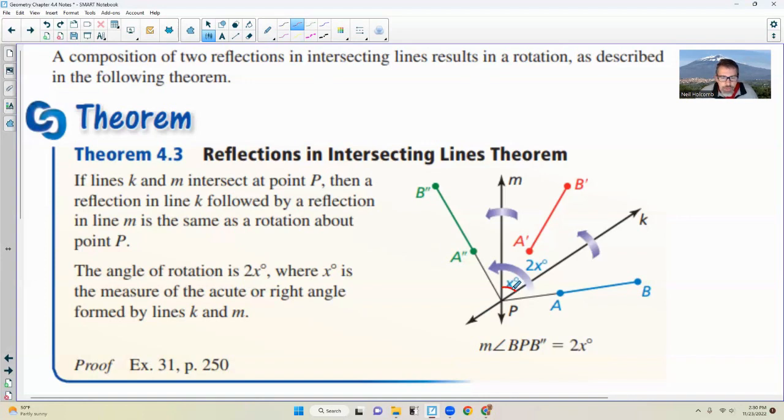If that's the case, you reflect anything over both of those lines, then the angle is going to be 2 times the angle. So if this was 46 degrees, then from here to here would be 46 times 2, or 92 degrees. Okay, so that's what we're talking about next.